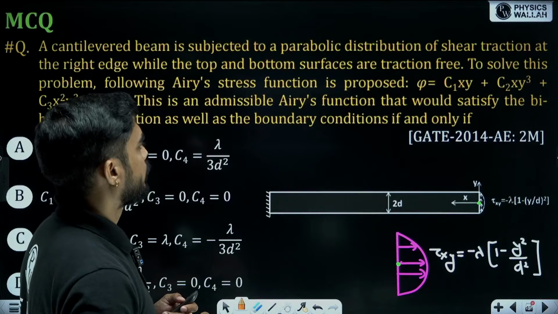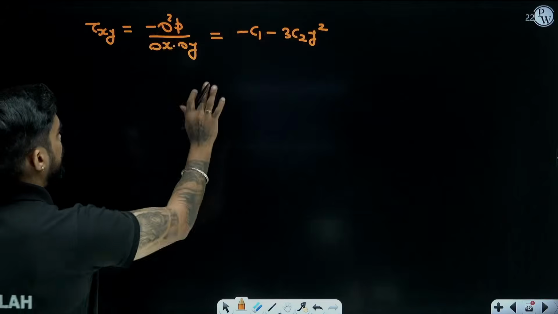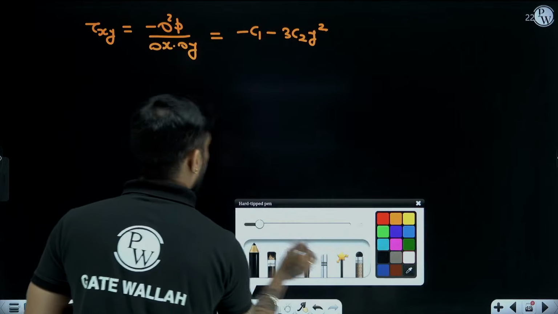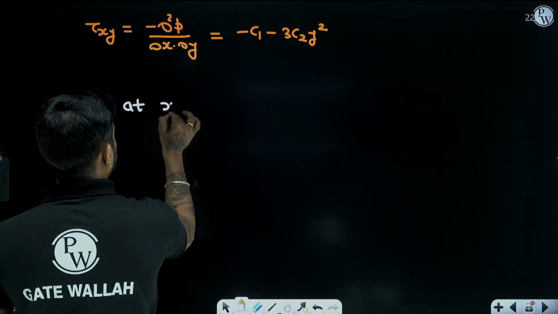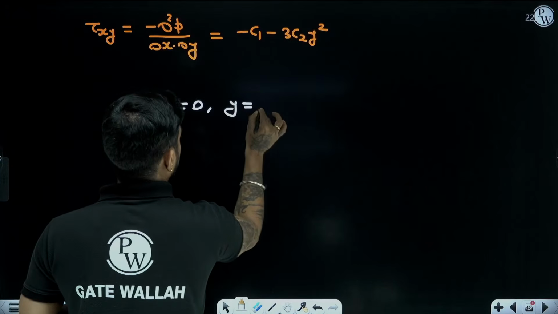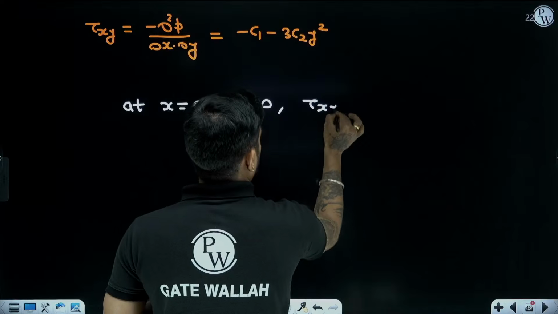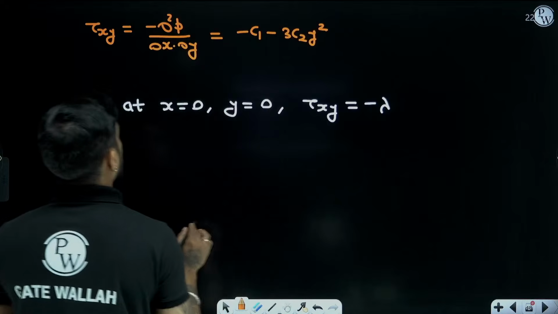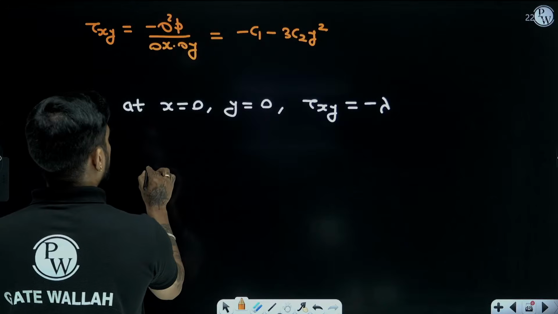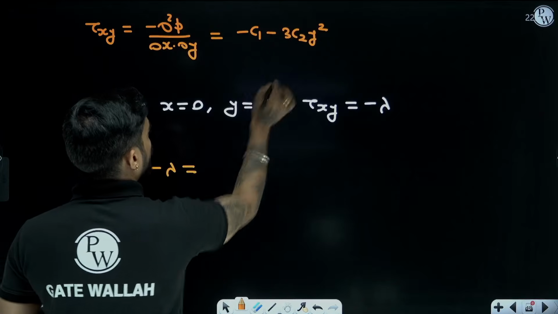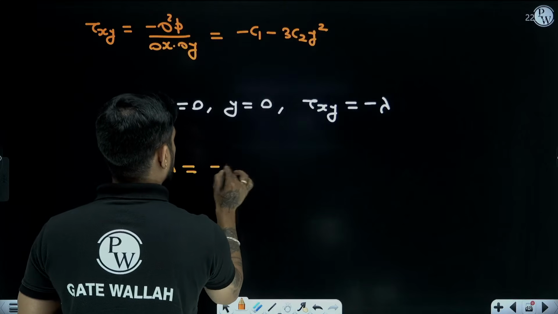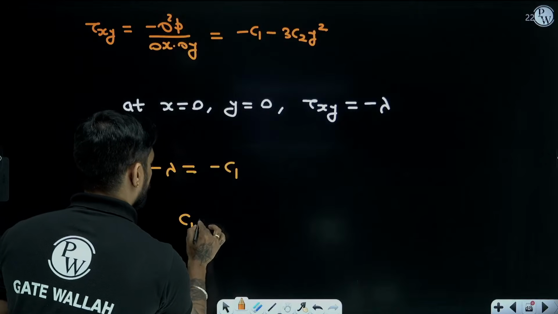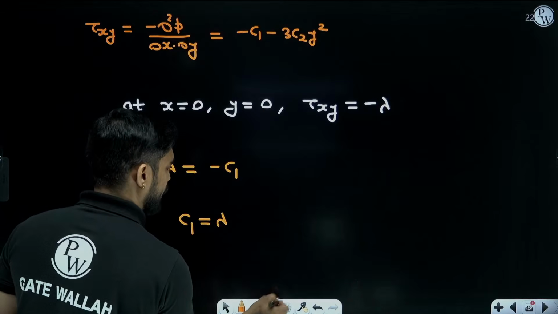Okay. So this is tau xy, and what is the boundary condition? At x equal to 0 and y equal to 0, tau xy will be minus lambda. So put it here: minus lambda equal to, this term will become 0, so C1 will be equal to lambda.